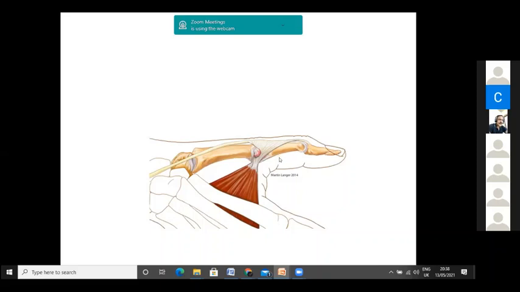That is the reason the prognosis of an MCL tear with tenderness on the femoral side is better than on the tibial side, because there is nothing like a Stener lesion in the femoral attachment. The MCL has two attachments, one near the medial femoral epicondyle and one in the tibia lower down.